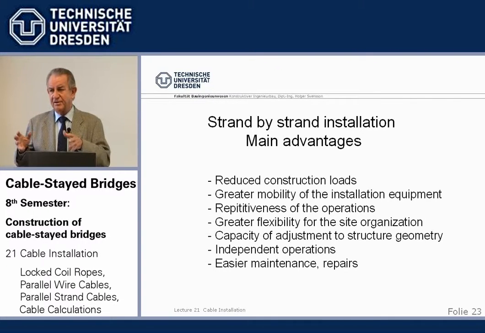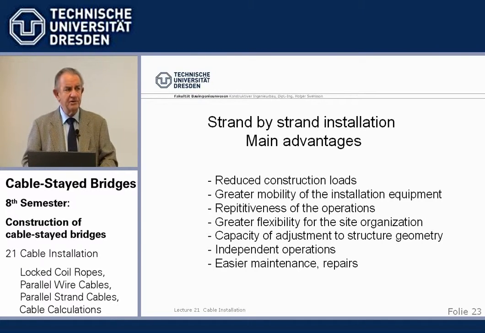And so there's a competition, and the competition is by price, because we can design a cable stay bridge with parallel wire, parallel strand cables, and so they offer to the contractor their price, and the contractor normally chooses the most effective.